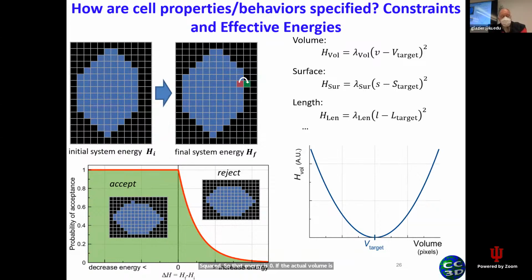If the actual volume is bigger or smaller than the target volume, then that contributes a positive energy. So this creates a force that pushes the cells to have the volume that they're set, their target volume, but doesn't absolutely force them to. The bigger lambda volume is, the more closely the actual volume will track the target volume.